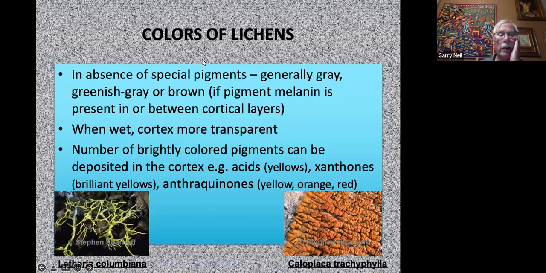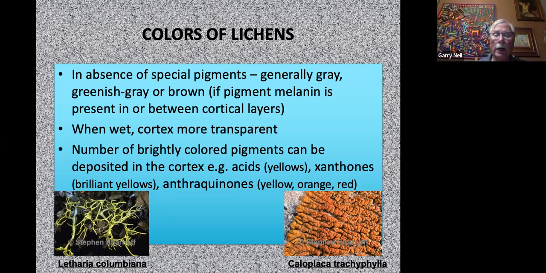All right, now the colors of lichens. Y'all have seen different colors of lichens. And the colors are caused by pigments that are found in the cortex of the lichens. Melanin is one. There are others, anthraquinones, or all these different acids that lichens can produce that other plants or fungi cannot, and it's because of the algae and the fungus in its reactions to producing these different chemicals.